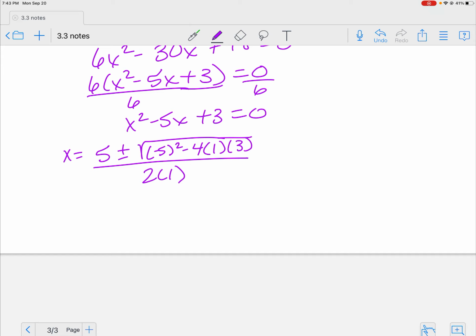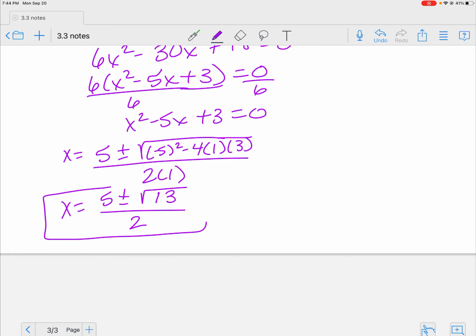All right? Okay, clean it up. 5 plus or minus the square root here of 25 minus 12. What's 25 minus 12? 13. Oops, I got excited about that, didn't I? All over 2. Well, and I can't break down that square root of 13, can I?